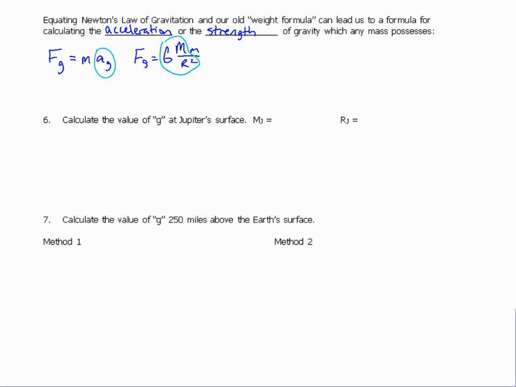We can put these two things together. Fg could cancel out, mass of the small object could cancel out. Acceleration of gravity equals the gravitational constant times big M times the square of the distance.